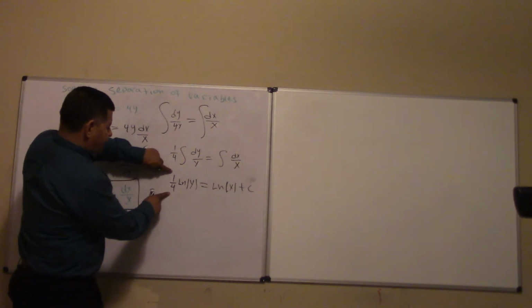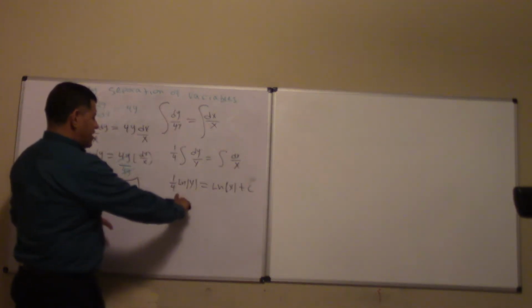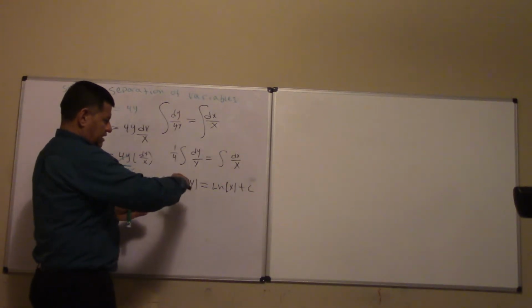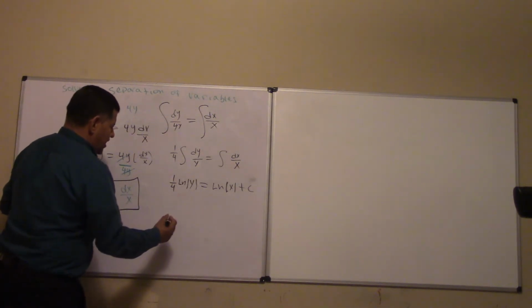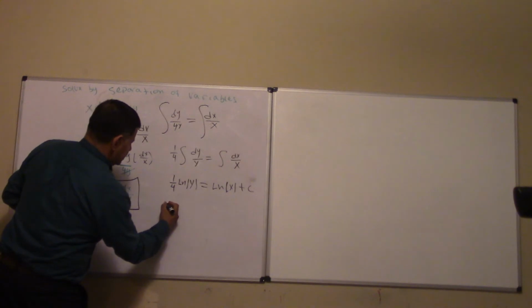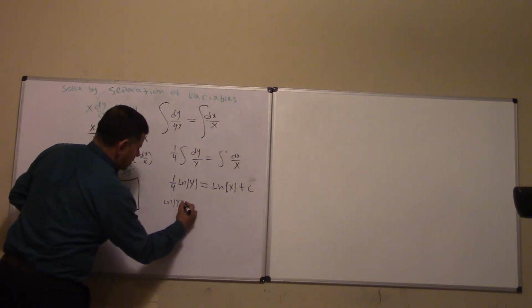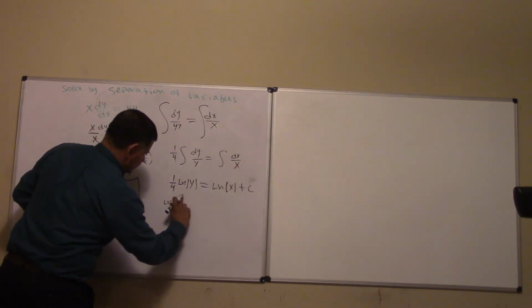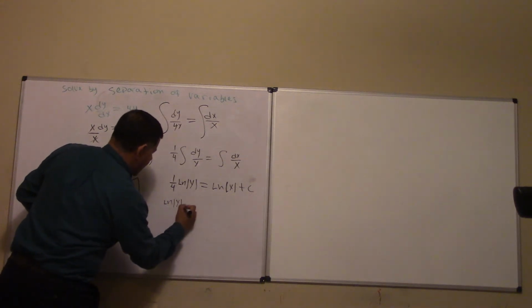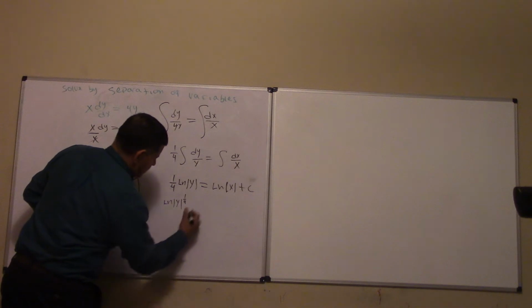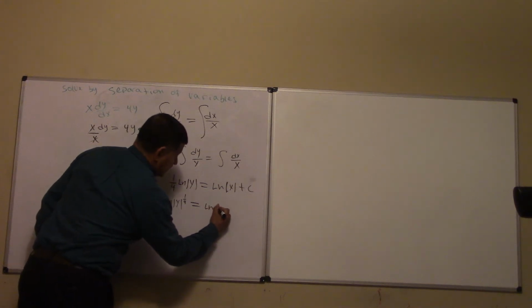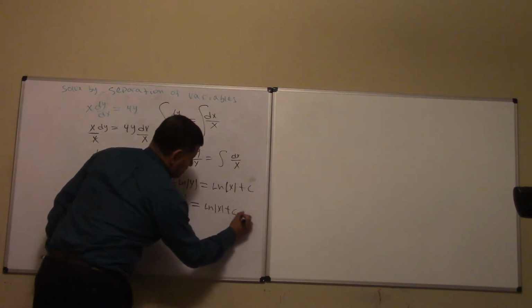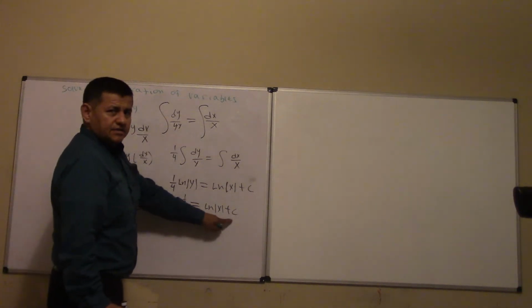When you have a coefficient in front of the natural log, you can bring that into the exponent. So ln of the absolute value of y to the 1/4 power equals ln of the absolute value of x plus c. C is just a constant, right?